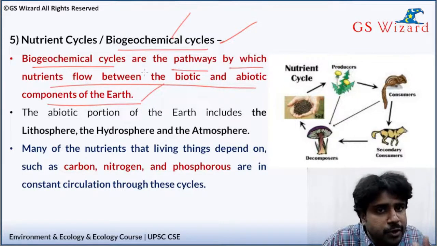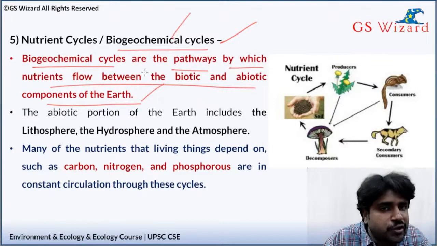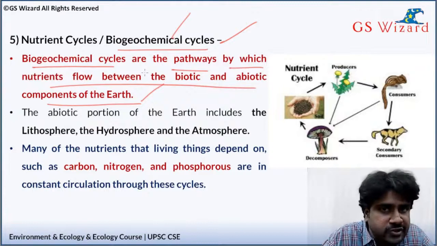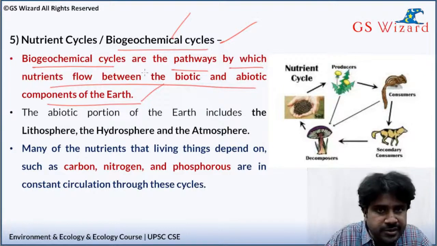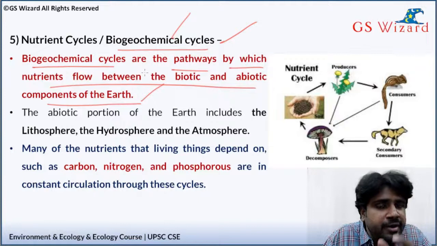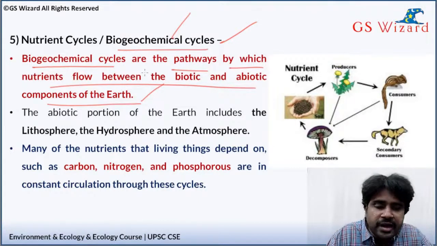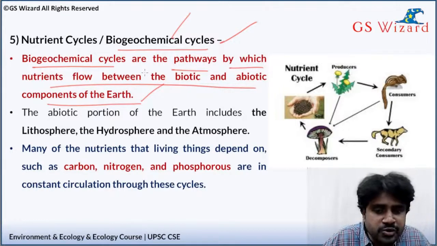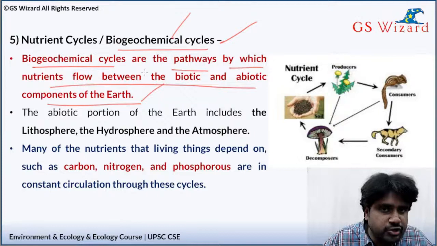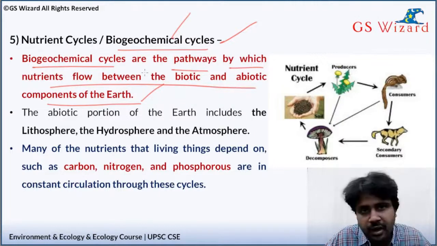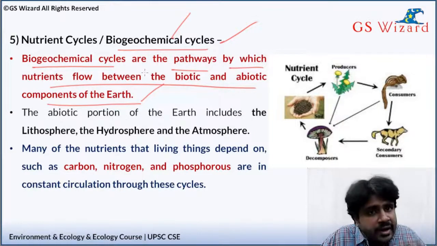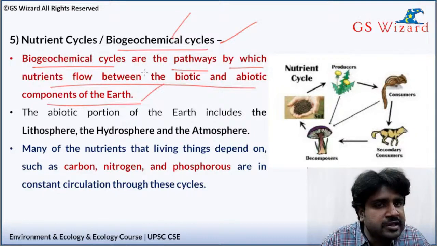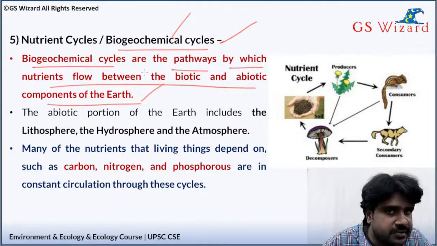So the amount of nutrients, or I can say the matter, that is accessible to living organisms is finite. The same limited amount of matter should be recycled so that it is available to the other new living organisms which are coming into existence, which are taking birth. I hope you understood. That happens through nutrient cycles or biogeochemical cycles. As simple as that.